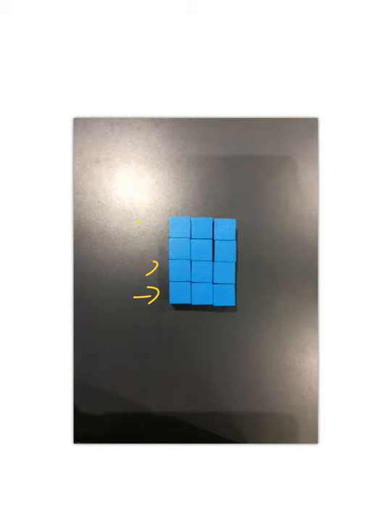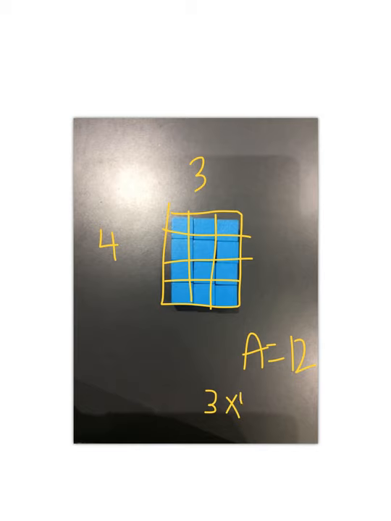I've got the thing balanced on a book so that you can get a good view of it. By now it will come as no surprise to you that the number of squares in this rectangle is also 12. So the area is 12 because you've got 3 there and 4 there, and the area is 3 lots of 4, which is 12.